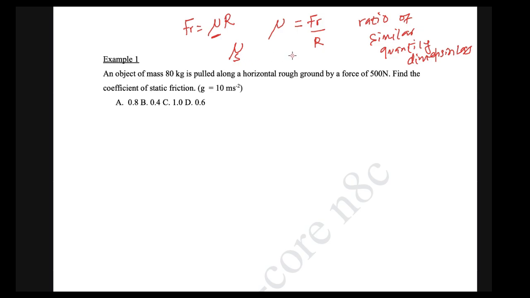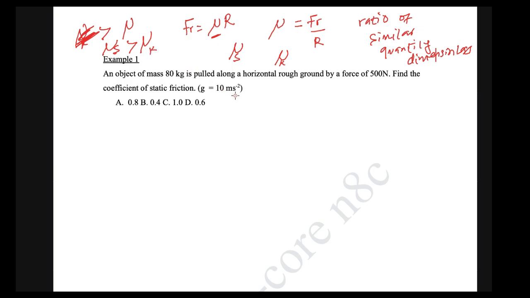Now, if the object is moving already, it is called coefficient of kinetic friction or coefficient of sliding friction or coefficient of dynamic friction. Understand that most often than not, coefficient of static friction is usually greater than coefficient of kinetic friction.